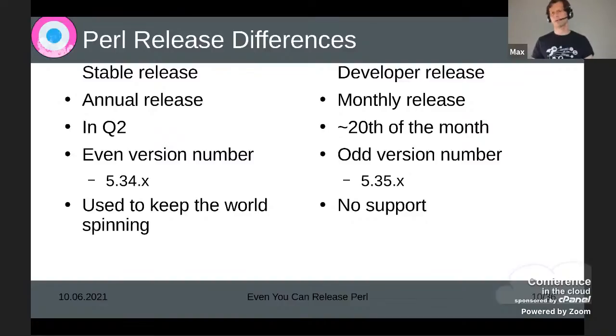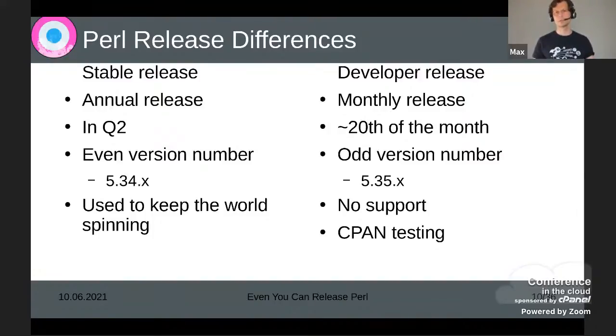With the developer releases, you get no support, and if anything breaks using a developer release, you get to keep all the parts. But the developer releases are still important because you can use them for CPAN testing or for testing your own code, just to keep up to date with Perl and make sure that Perl does not break your code.